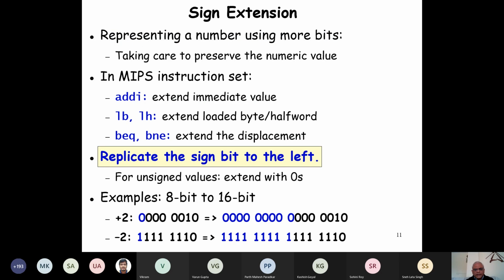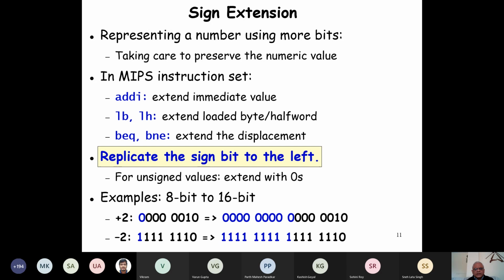Now let's look at sign extension, because this also will be used in the rest of the programs that we'll be writing. Suppose we have a 16-bit immediate constant and we are storing it in a 32-bit integer in memory.